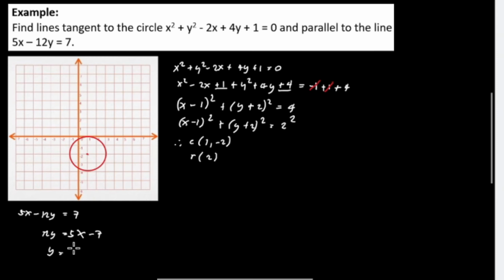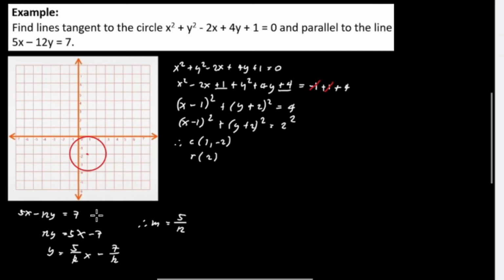That's y equals 5 over 12 of x minus 7 over 12. Therefore the slope of the line is equal to 5 over 12.